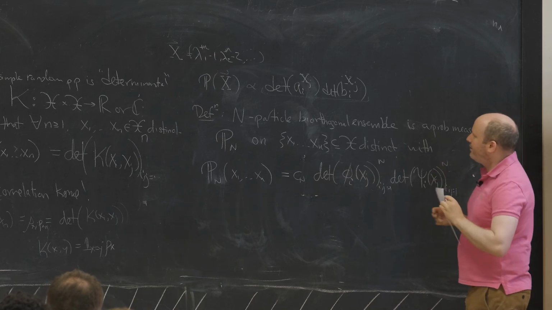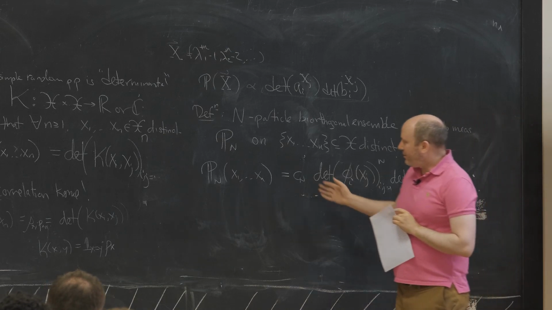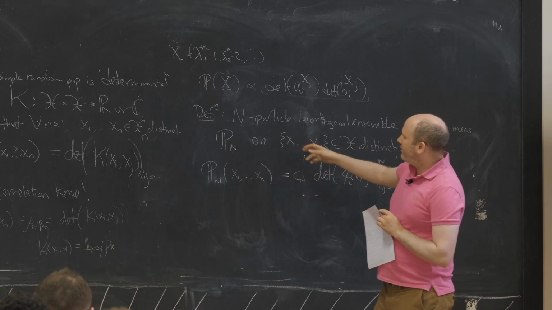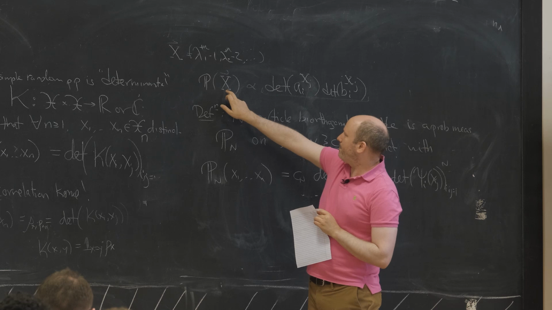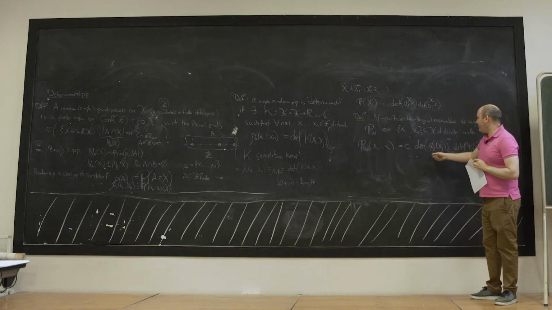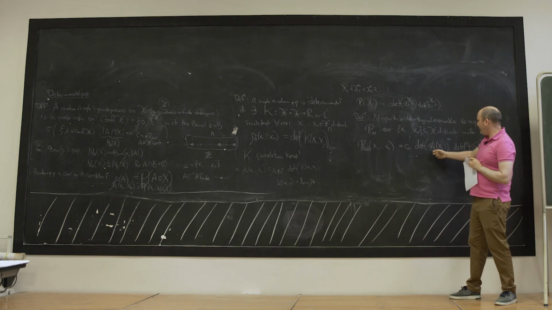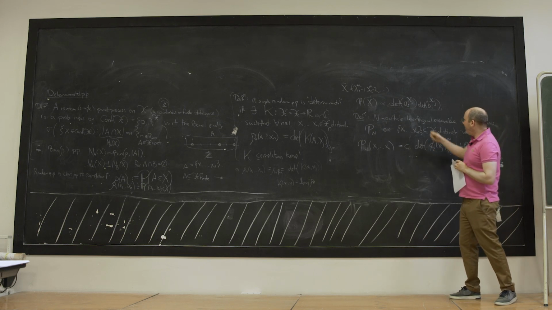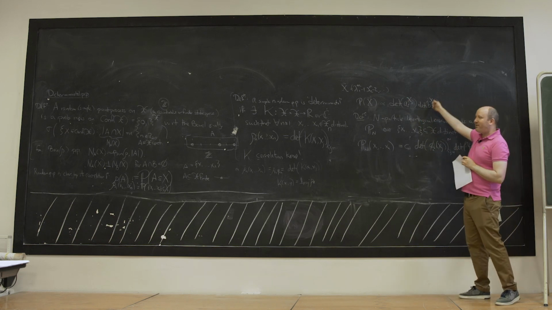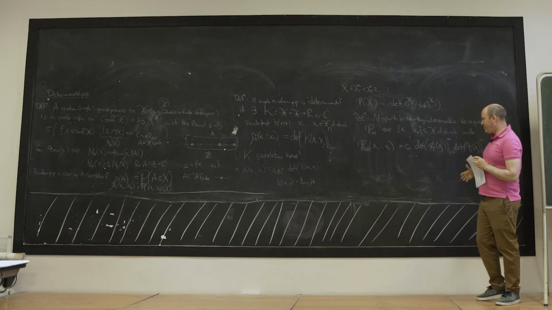Again, you should think of it as a measure on n distinct points, exactly like here, where the measure is proportional to the determinant of some function. Of course, here phi i is equal to ai to the argument, and psi i is equal to bi to the argument. But this is a more general thing.